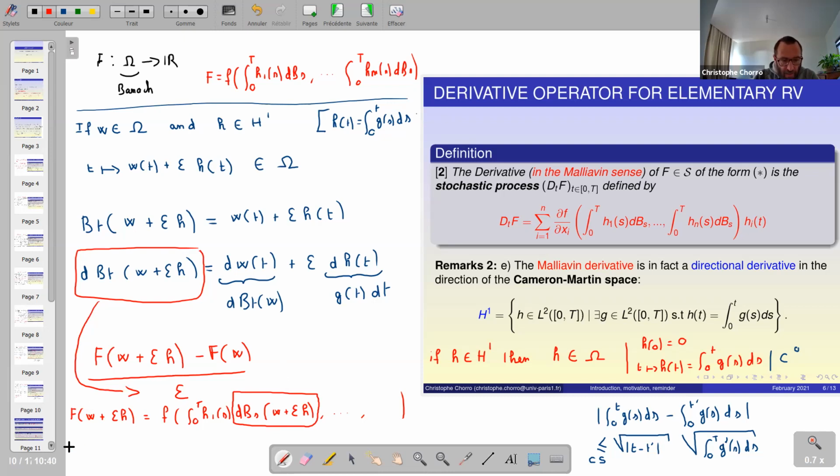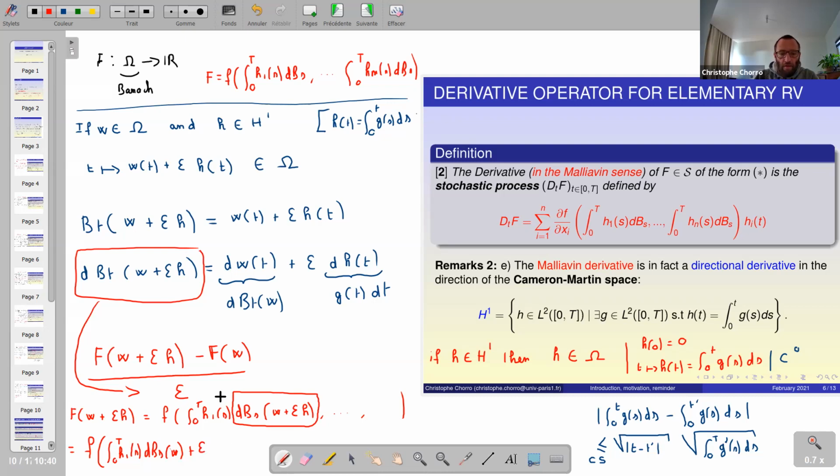And it means that I can write f of w plus epsilon h as f of what? This integral is in fact, simply using this relation here, the integral between 0 and capital T, h1 of s dbs of w, plus what?